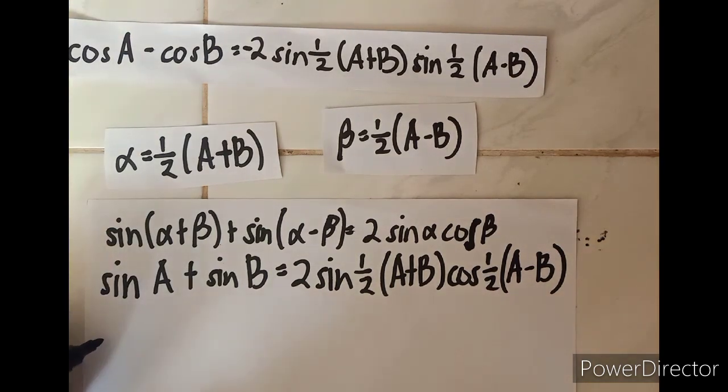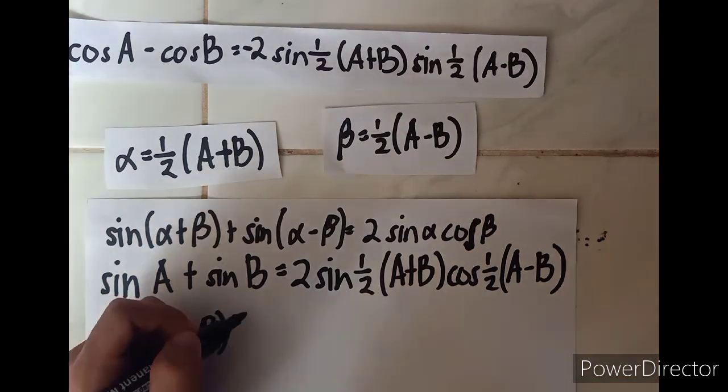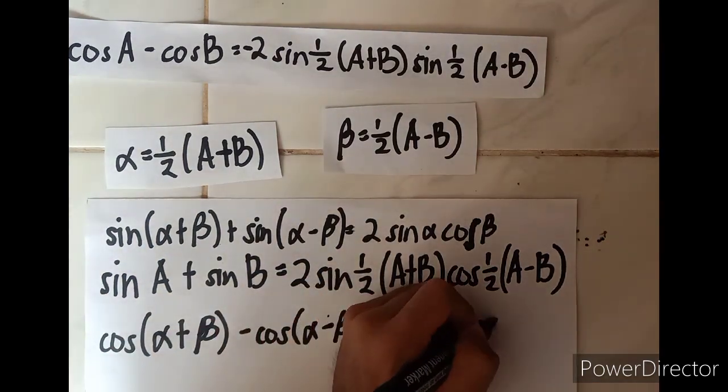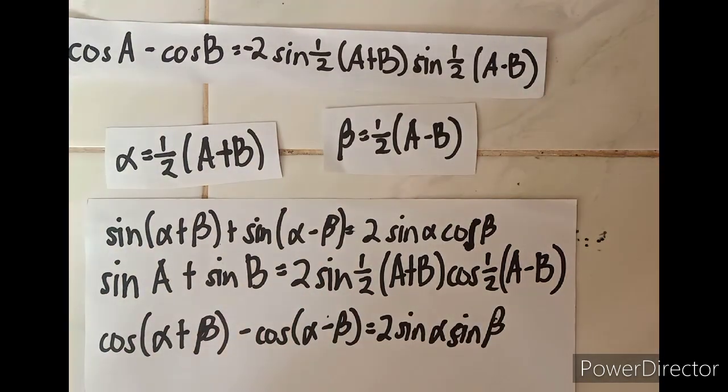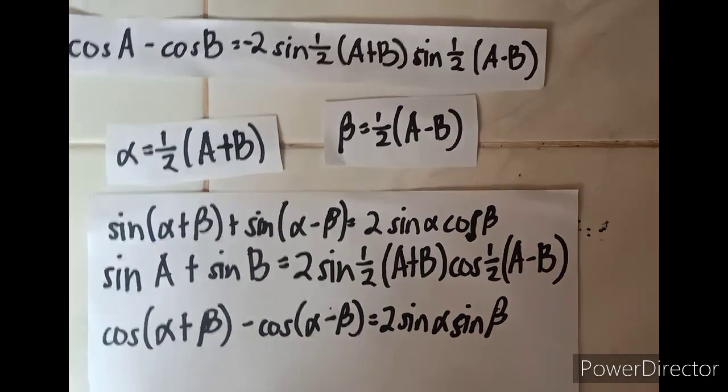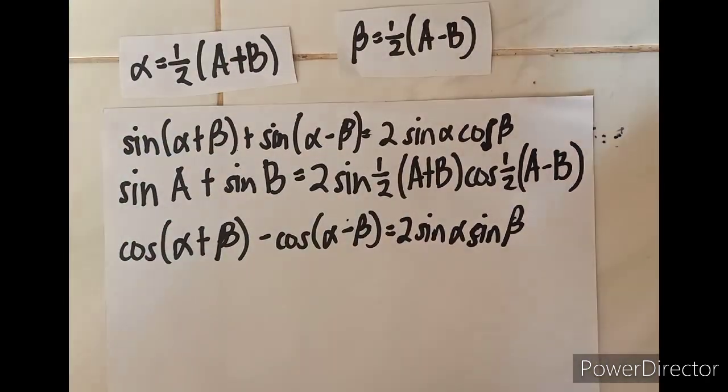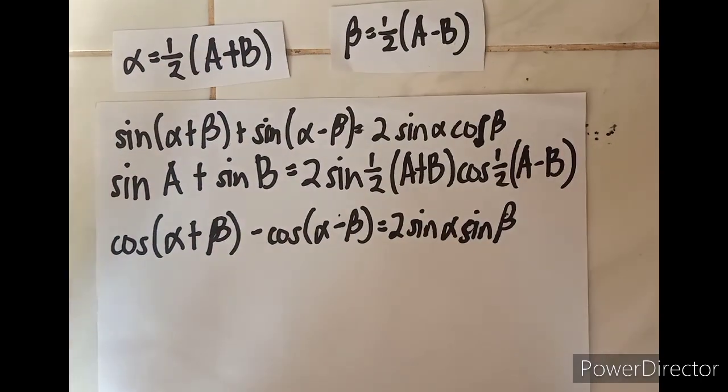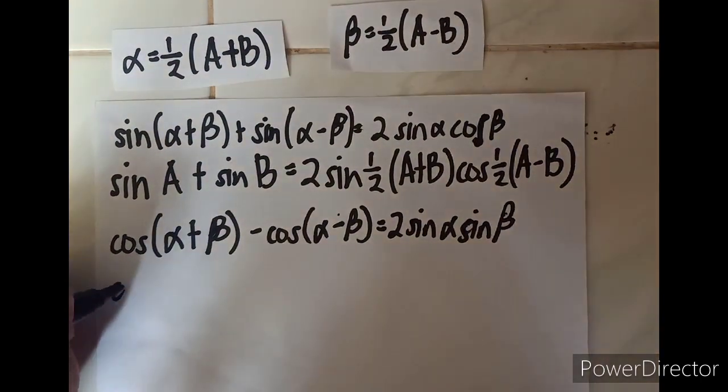Next we are going to derive cosine A minus cosine B. This formula can also be seen in Schaum's Outline of Trigonometry.